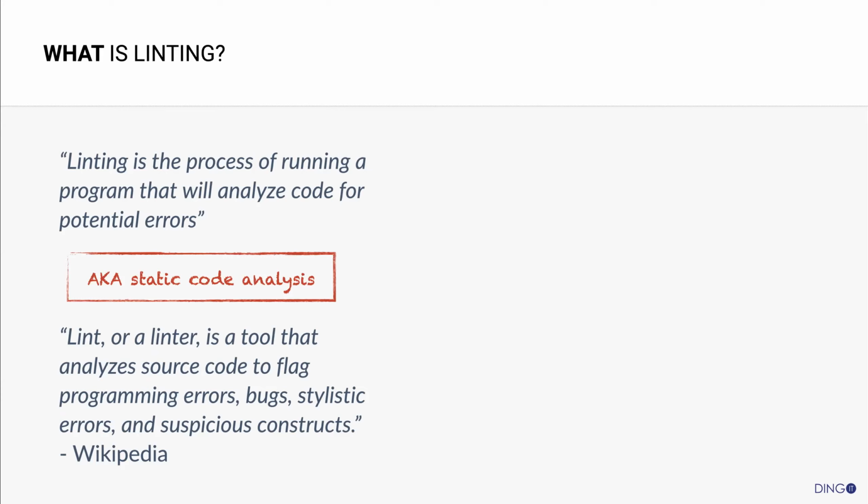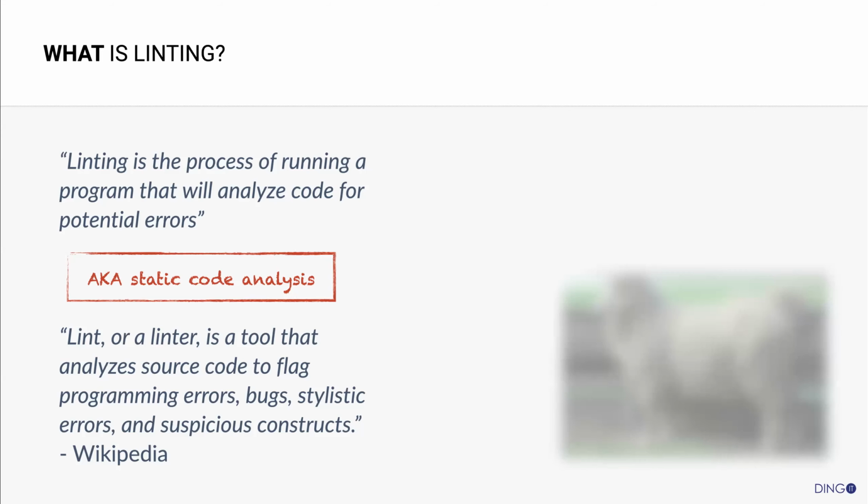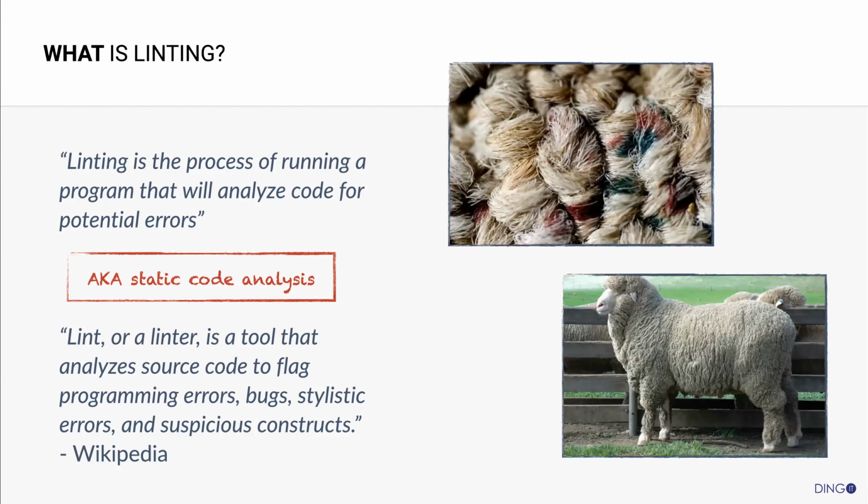So basically, it's a tool that checks source code for undesired pieces of code without running it. And the term lint, or linting, is derived from removing unwanted bits and fluff from sheep wool. Don't ask me why, but that's where it's derived from.